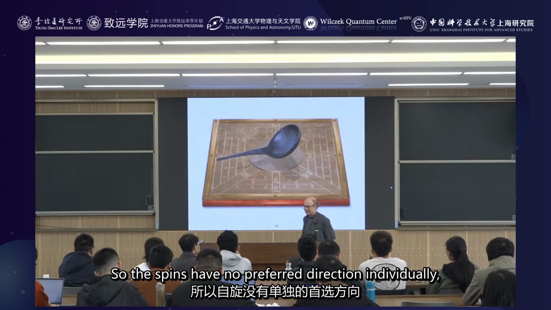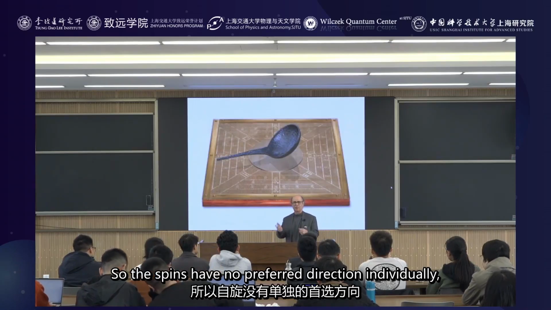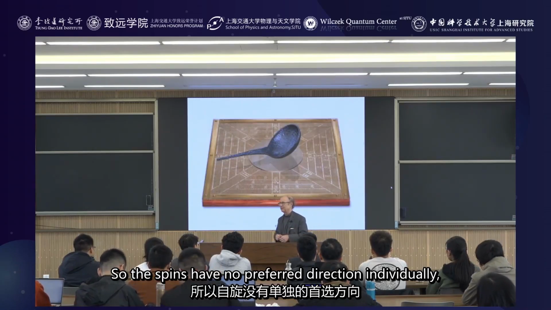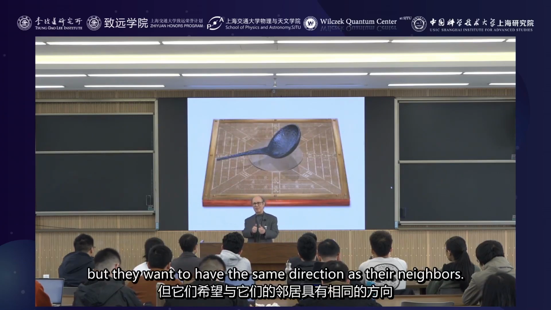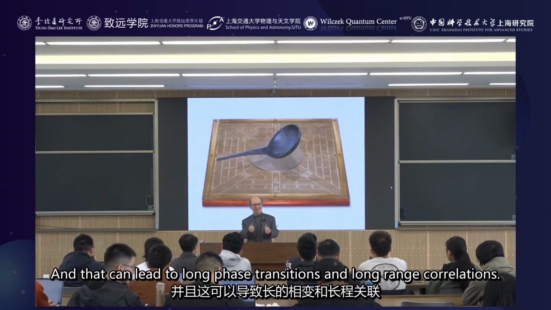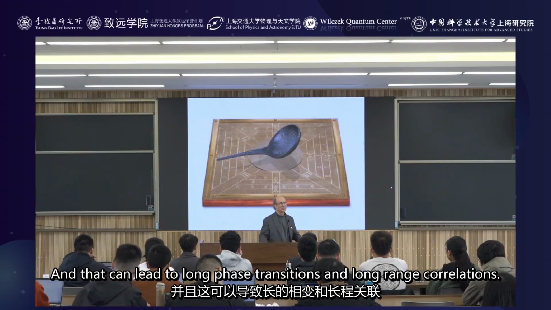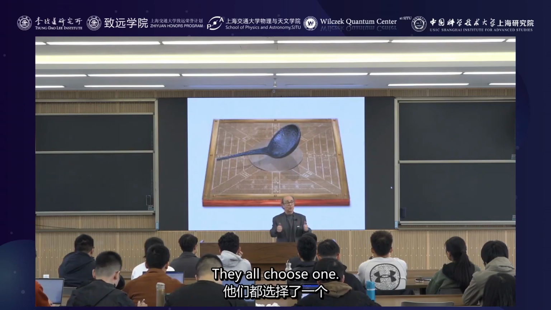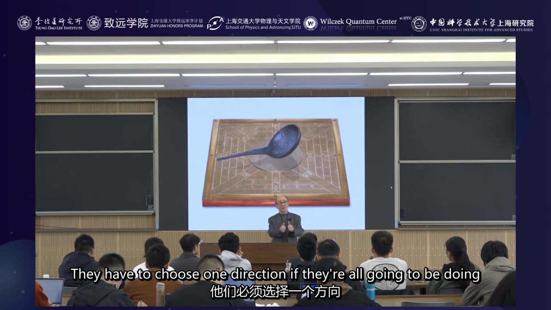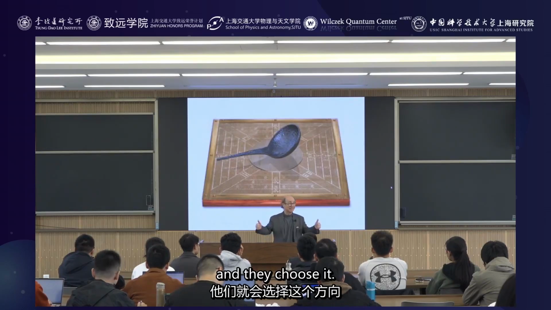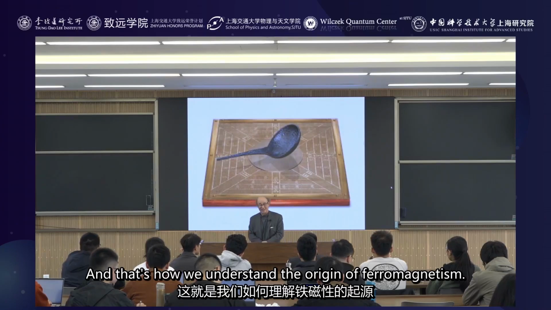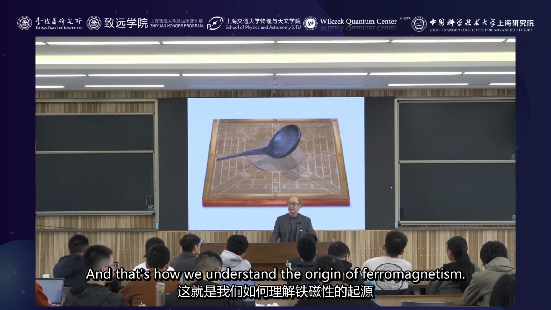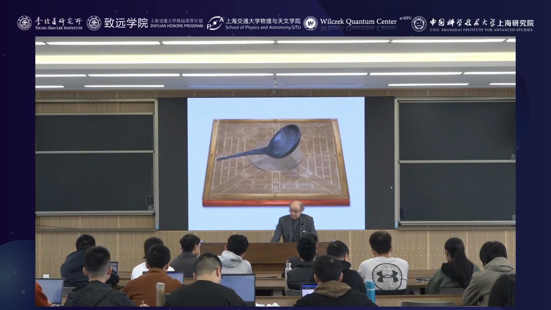The spins have no preferred direction individually, but they want to have the same direction as their neighbors, and that can lead to long-range correlations. Then that breaks the symmetry. They all have to choose one direction if they're all going to be doing the same thing as their neighbors, and that's how we understand the origin of ferromagnetism.